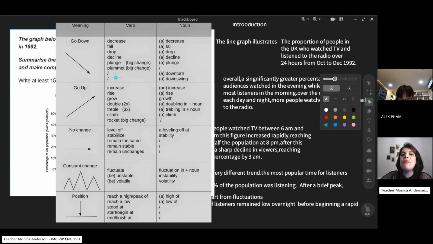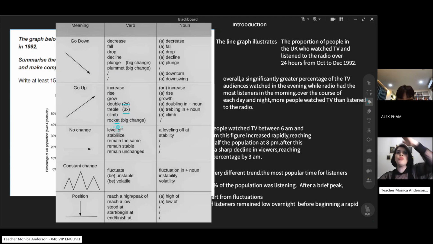When there is a big change, a big drop, a big fall, you say plunge or plummet. And when it comes to increase, rise, grow, double, treble, climb are okay, but rocket is a big change in increasing. So you say rockets.